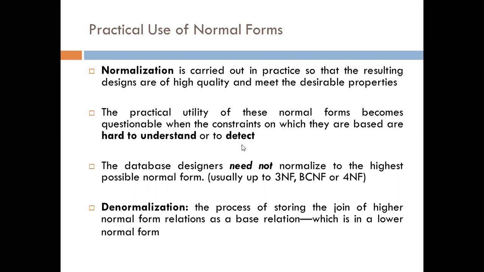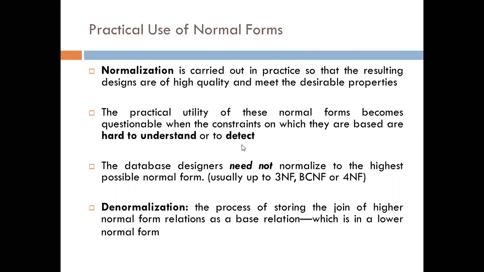Normalization is one process, and the reverse of normalization also exists, which we call denormalization. Denormalization is a process of storing the join of higher normal form relations as a base relation, which is in a lower normal form. Normalization, if a table fails any test, will divide the table.